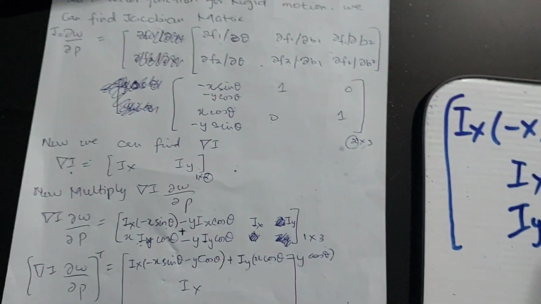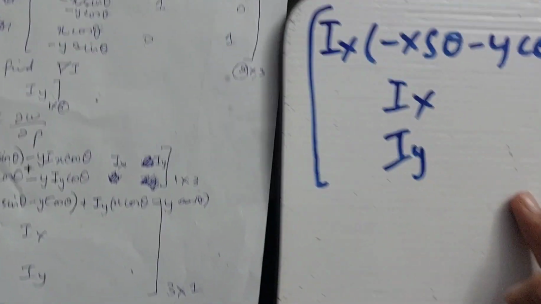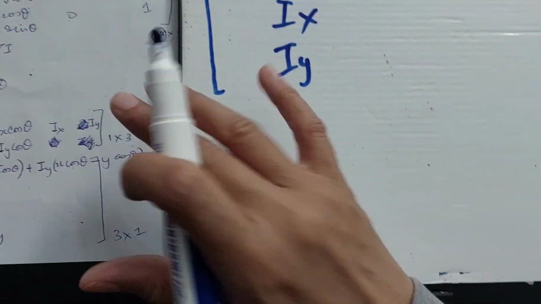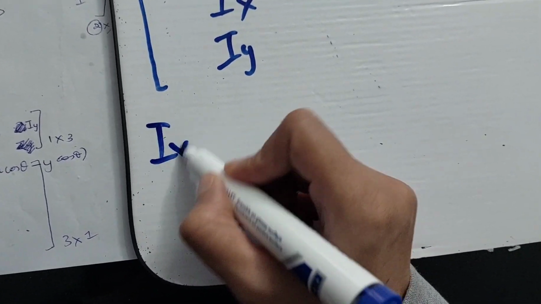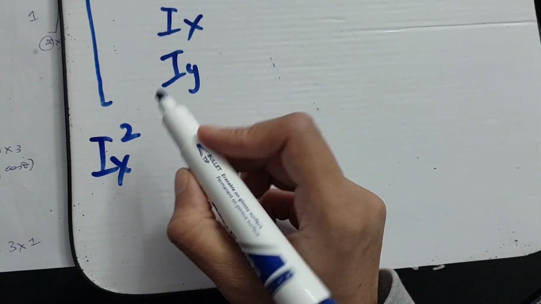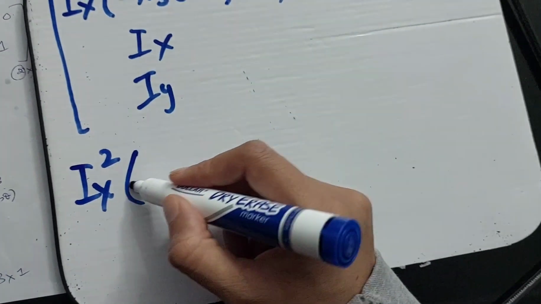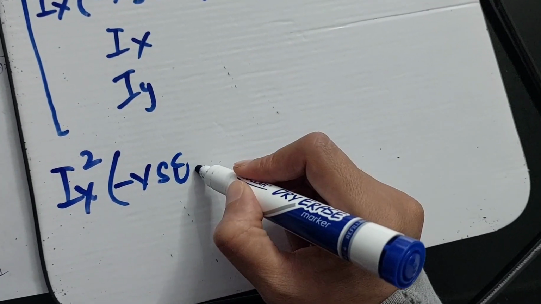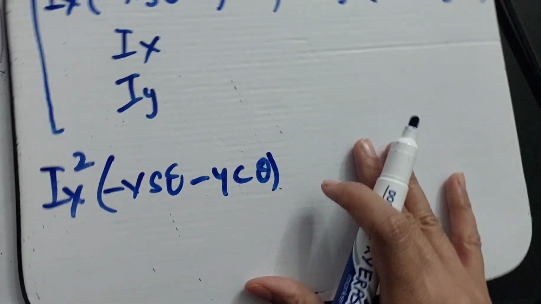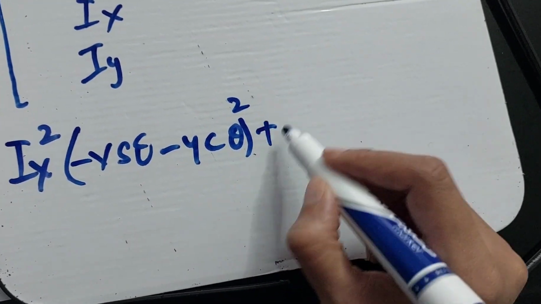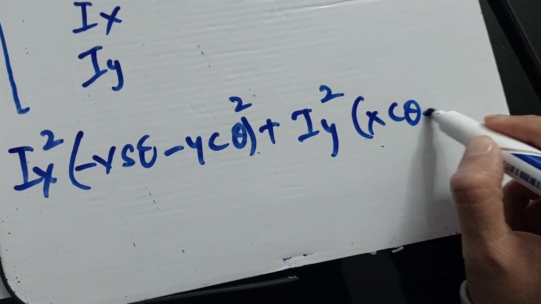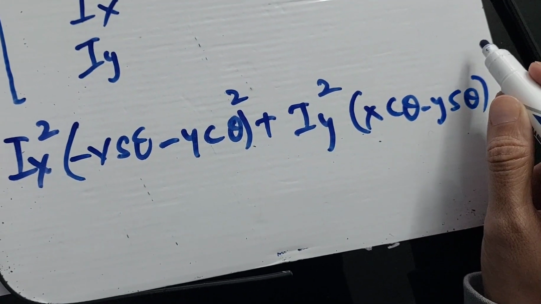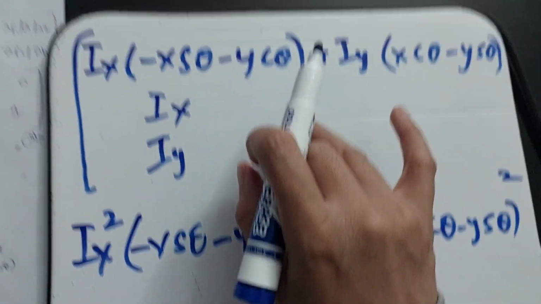So when we multiply the first term with the first term, what we are going to get is simply Ix square minus x sine theta minus y cos theta square and Iy square, and this x cos theta minus y sine theta square, because the same terms are being multiplied.